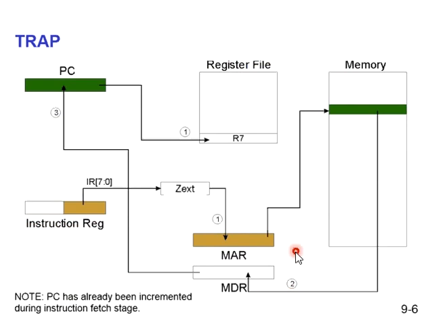Over here we have the data path for the trap instruction in the LC-3. Firstly, over here you have the trap and the trap vector from bit 0 to bit 7. Firstly, we have to store the current PC to R7. Then we take the 8-bit trap vector and use a zero extension operation, and we get 16 bits.